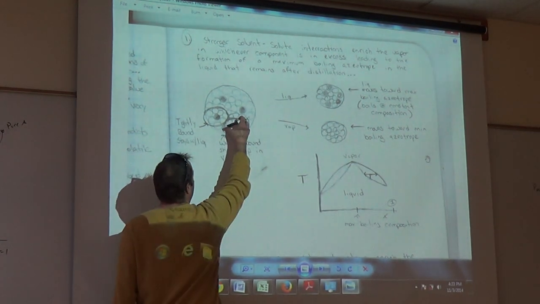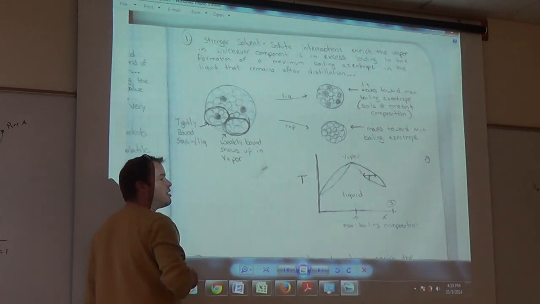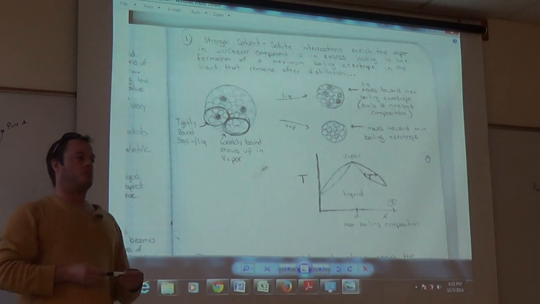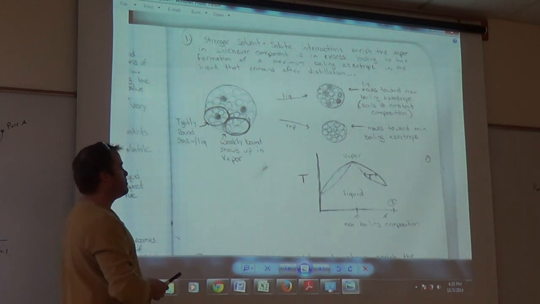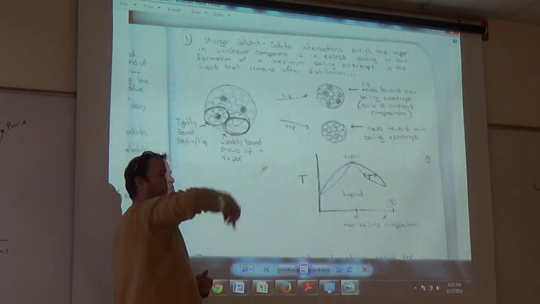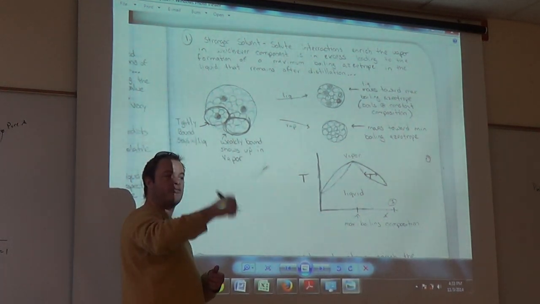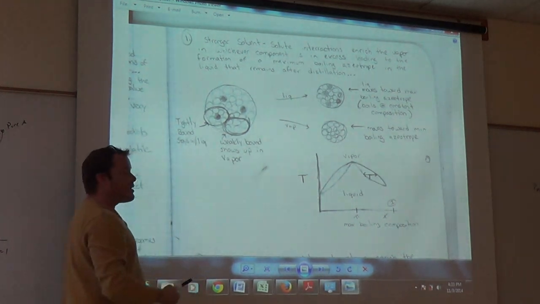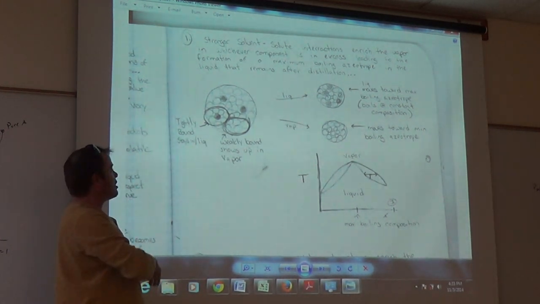The interactions here are weaker than the interactions here. So which species are going to go into the gas phase most readily? These guys. Units like this that are weakly bound are going to be popping off of the liquid phase and driving off into the gas phase. In the meantime, units like this that are more tightly bound stay behind in the liquid phase.